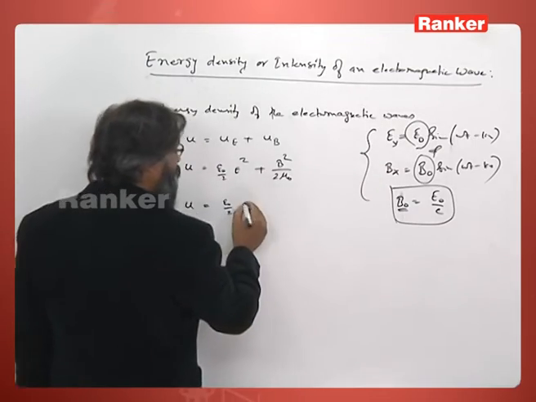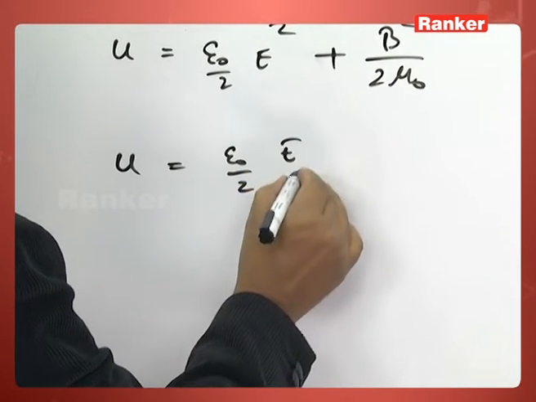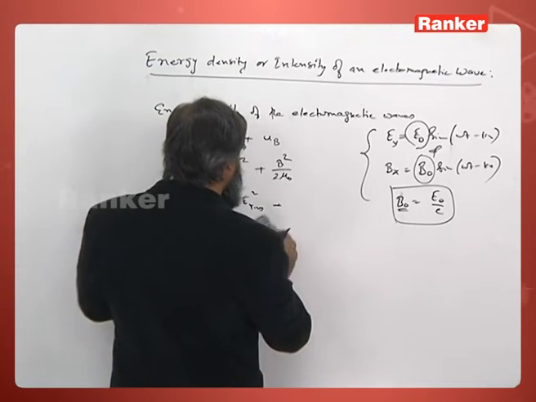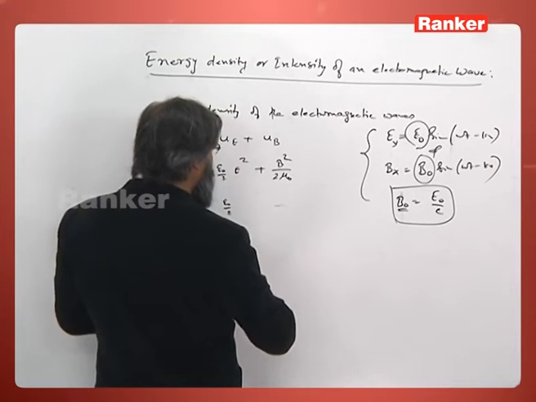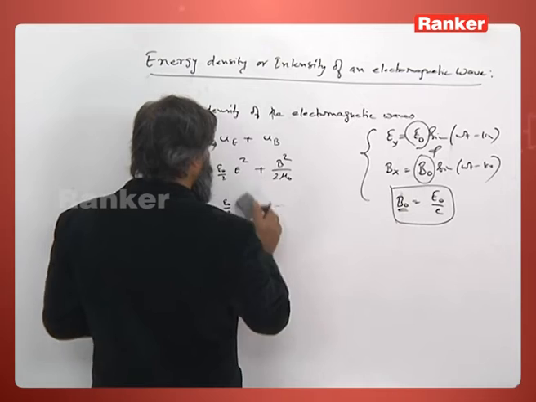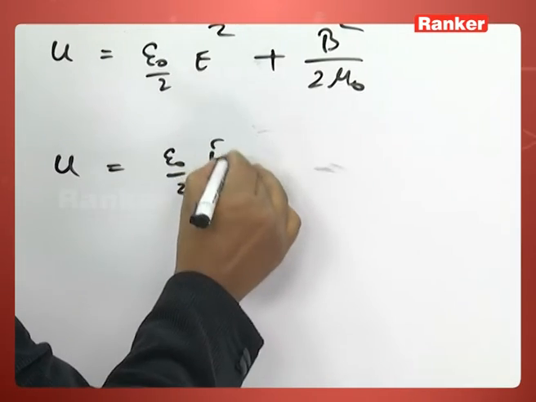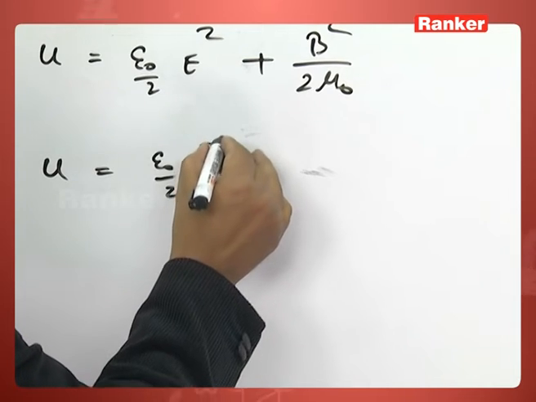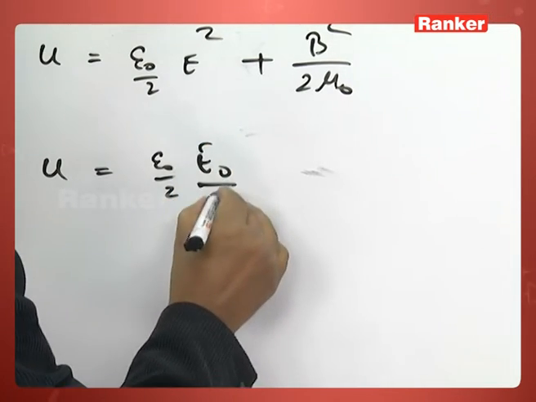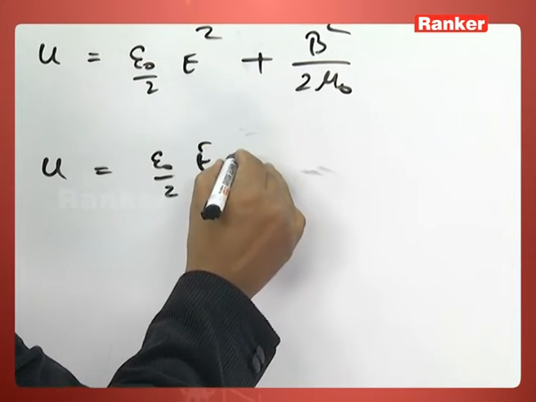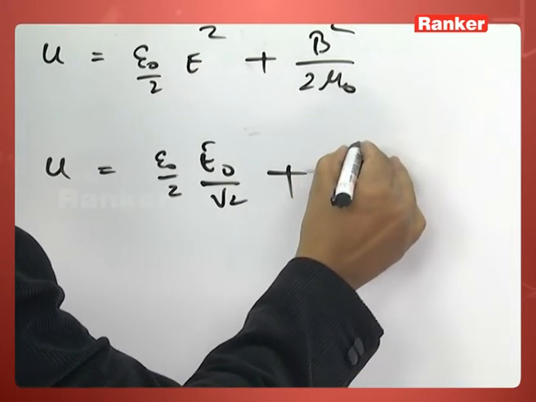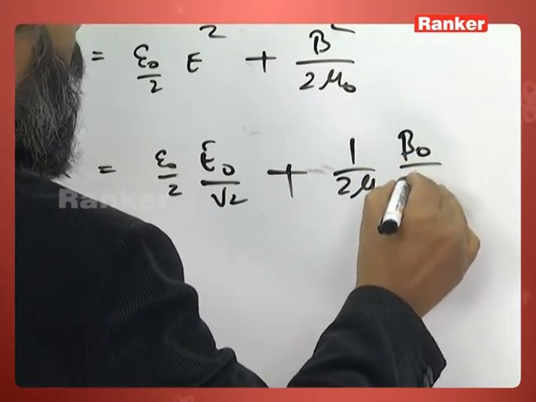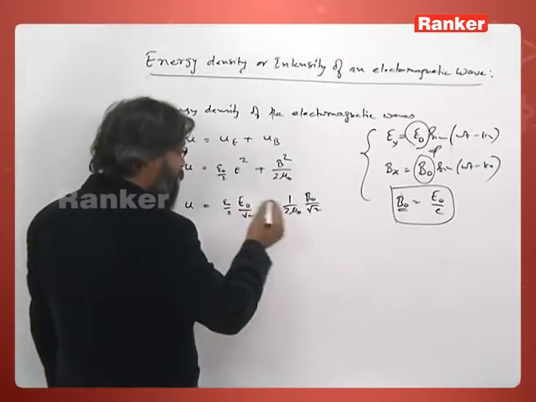ERMS will be equal to E naught by root 2, and similarly the magnetic term will use B naught by root 2, that is the RMS value.